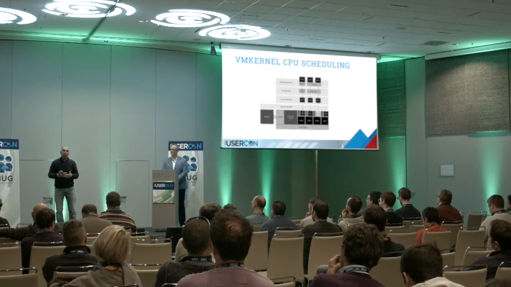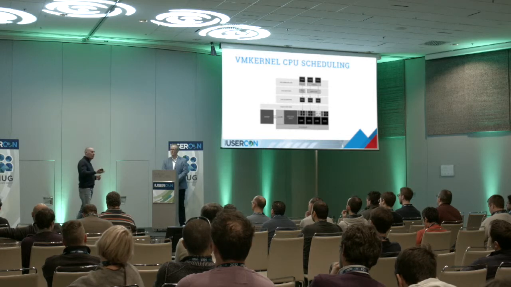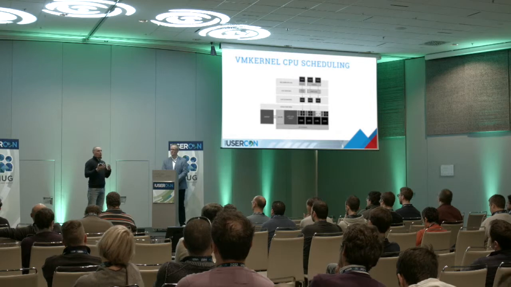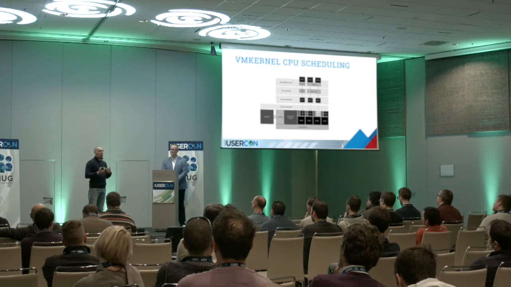So take that into account if you run really physical or really latency sensitive systems, right? For those systems, some actually recommend to disable hyperthreads. I typically say no, don't disable hyperthreads, but keep your consolidation ratio low, meaning that you start to count your virtual CPUs against your physical CPUs, right?